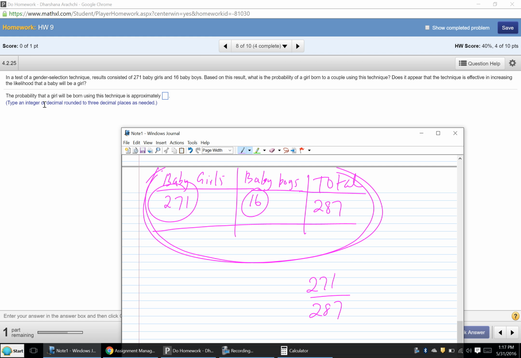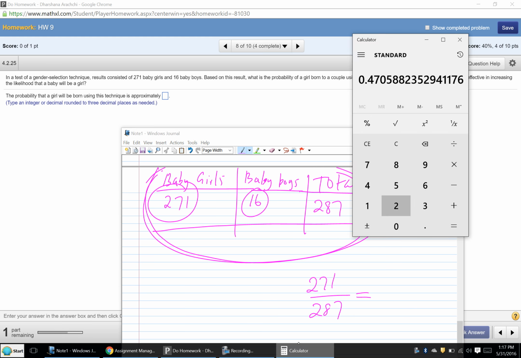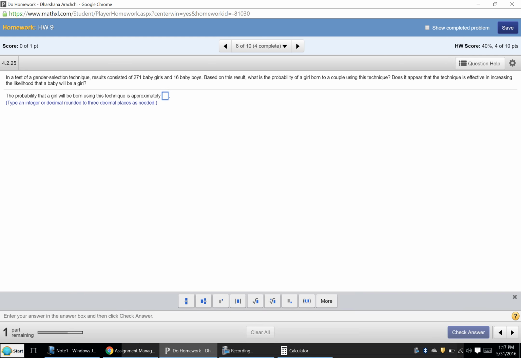Now we find the decimal form, which is 271 divided by 287, rounded to 3 decimal places, which is 0.944. Let's type it and see. 0.944.